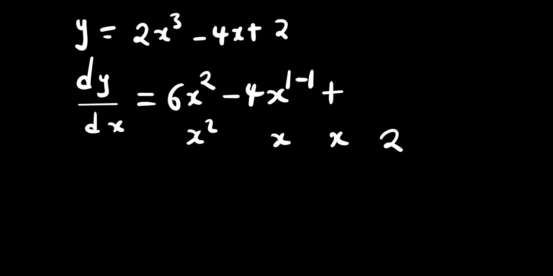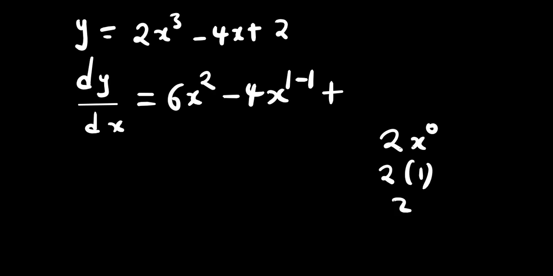So allow me to assume that. What we are going to have will be 2x to the power 0. Why? Because x to the power 0, you know that it is a 1, right? And when I multiply 2 and the 1, it will just be a 2. That's why I'm writing that.